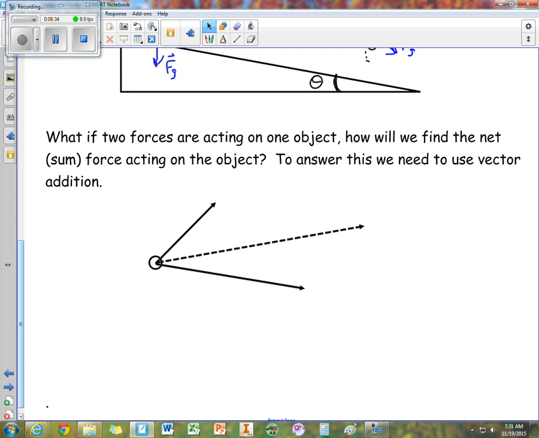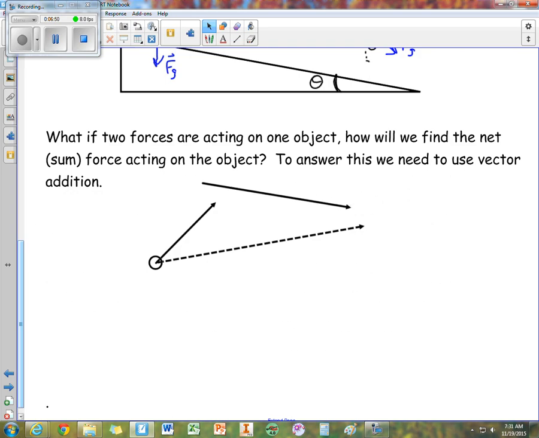Now, one technique we have is by taking the vectors head to tail. One of the properties of a vector is once you draw it on a piece of paper, as long as you keep the length the same and keep it pointing in the same direction, you can slide it wherever you want to on a piece of paper.